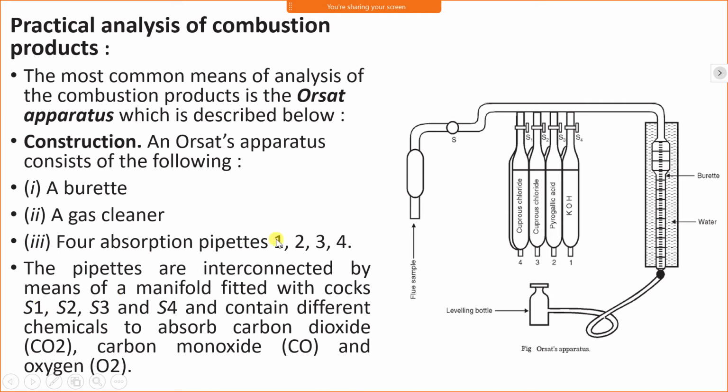S4 is for the first, S3 is for the second, S2 is for the third, and S1 is for the fourth. The sequence of cock and pipette is different, and they contain different chemicals to absorb carbon dioxide, carbon monoxide, and oxygen.